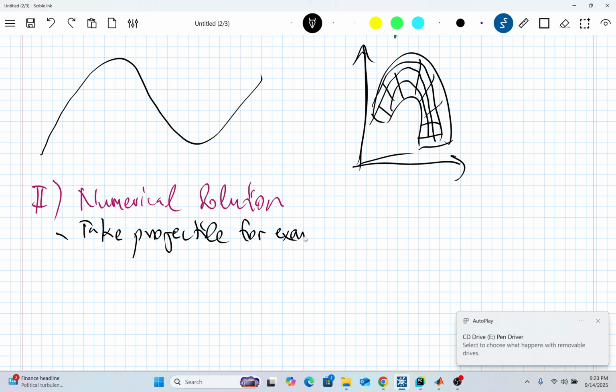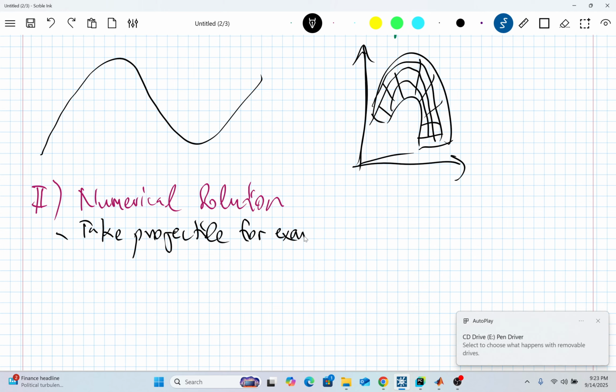When you describe the trajectory of the projectile with a function, you have Newton's second law, right?